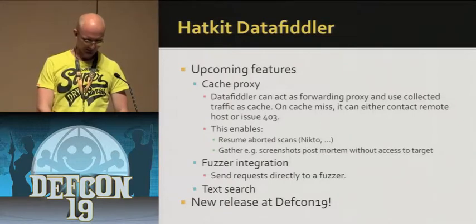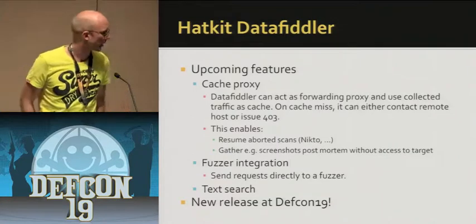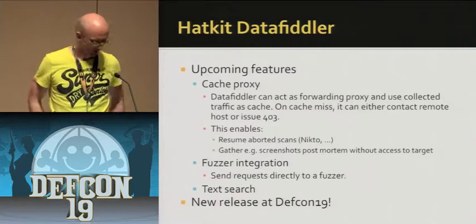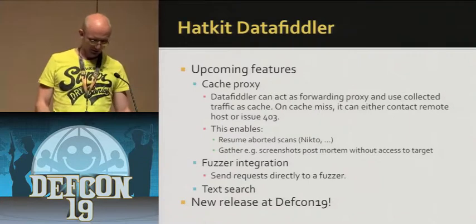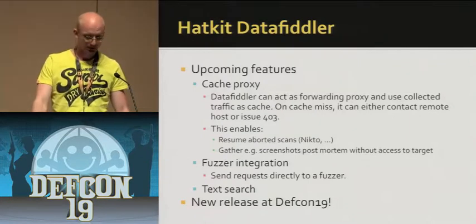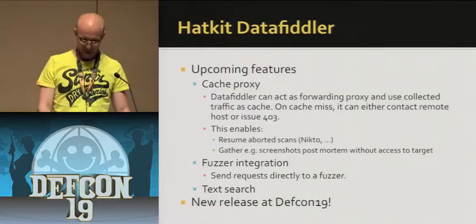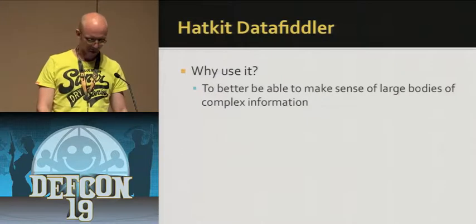Planning to add some more advanced text search capabilities, either with Pylucene or Whoosh. And as already mentioned, there was a new release earlier this week, both for the proxy and the data fiddler, containing all this stuff I'm talking about.